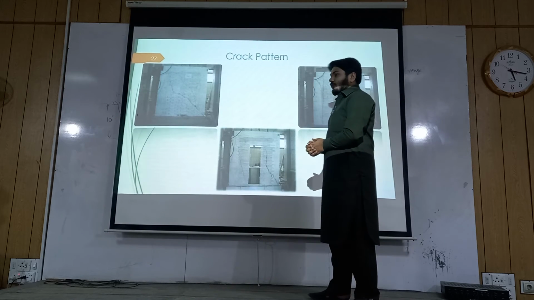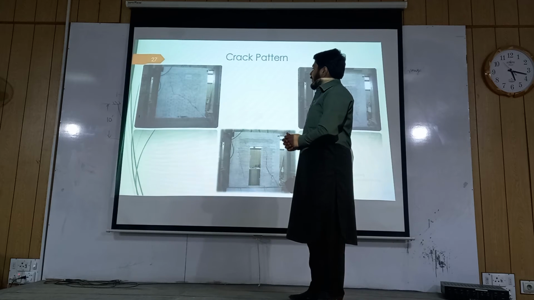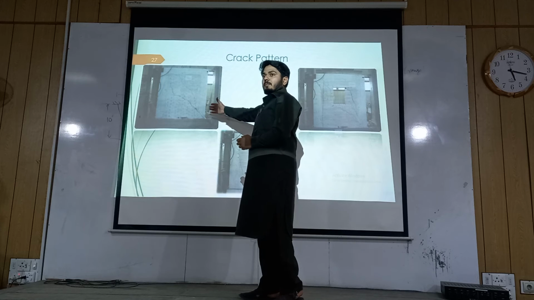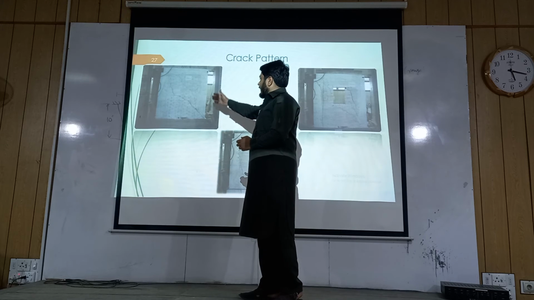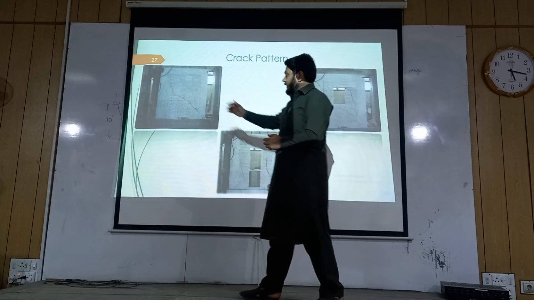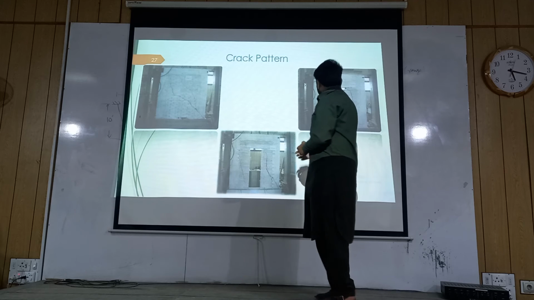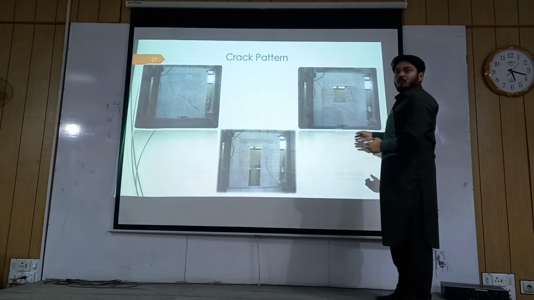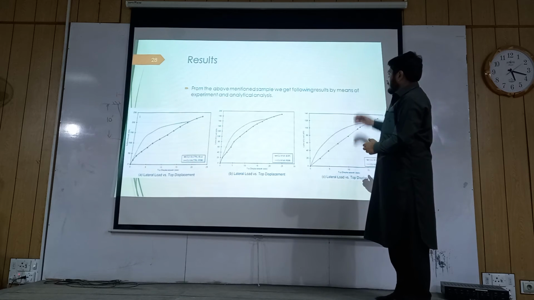After the application of load with increments, we got some crack patterns. Without opening, we got a diagonal crack pattern, and with opening with windows, we got a crack pattern that starts from the bottom.